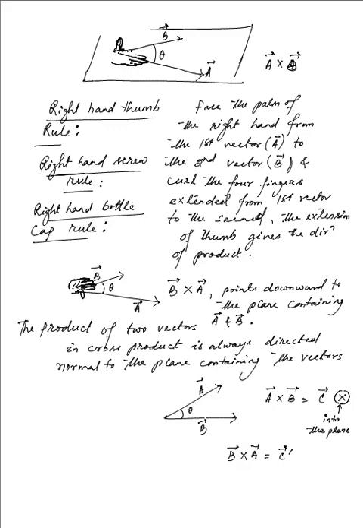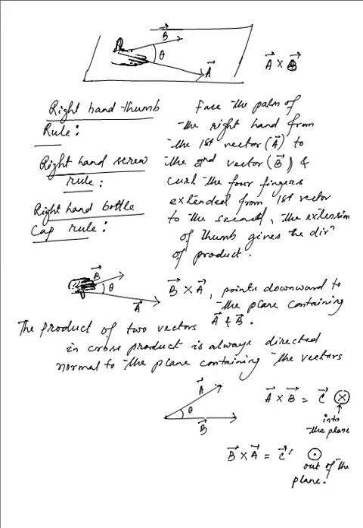You have the screw coming out of the plane because you are driving the driver anticlockwise or counterclockwise from B towards A. So from B towards A, B cross A, the screw is coming out of the plane, and it is represented by this dot encircled, out of the plane. So this is the basic rule of a vector multiplication of two vectors.